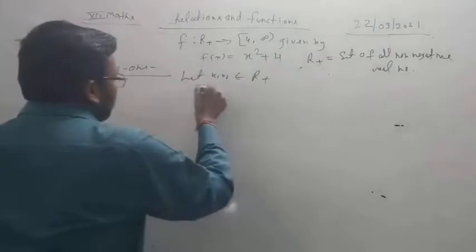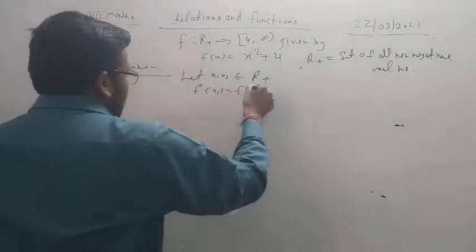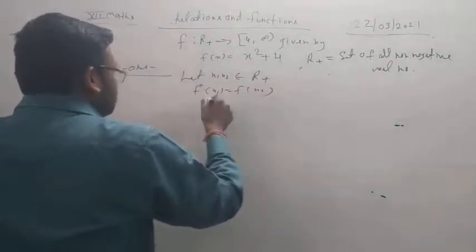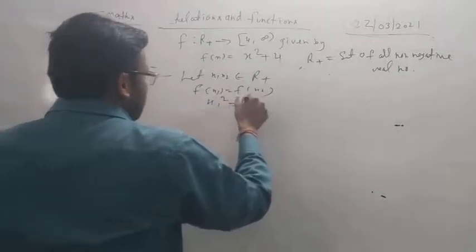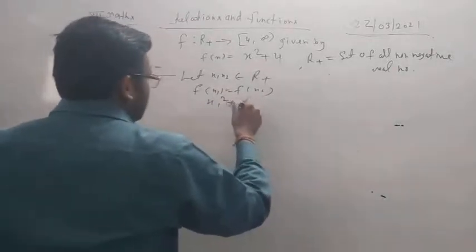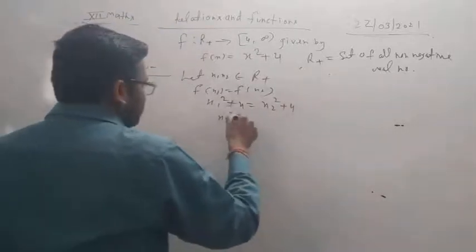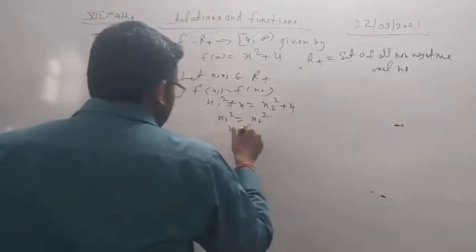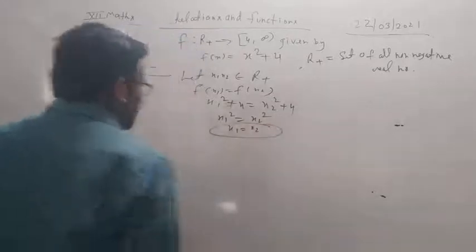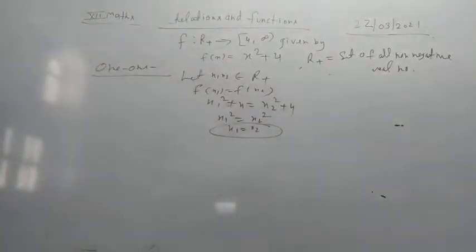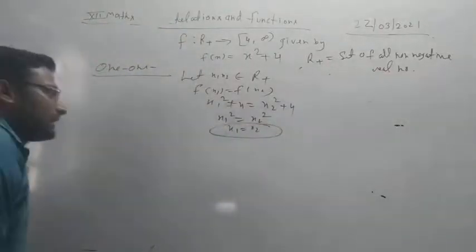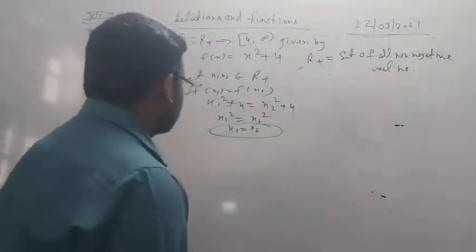So we write f(x1) = f(x2), that is, x1² + 4 = x2² + 4, so x1 = x2.